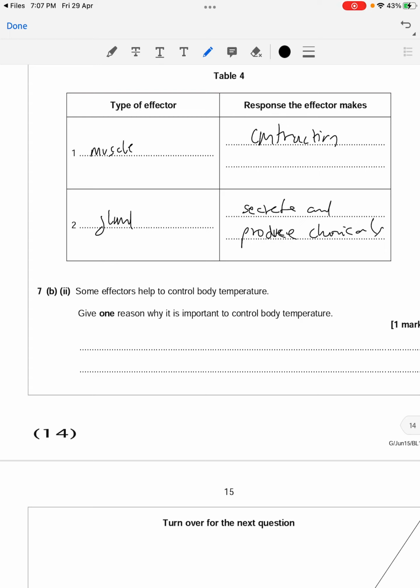Give one reason why it's important to control body temperature. This could be to maintain body temperature. Like I said in the previous question, if you have high temperatures, the enzymes won't work effectively.